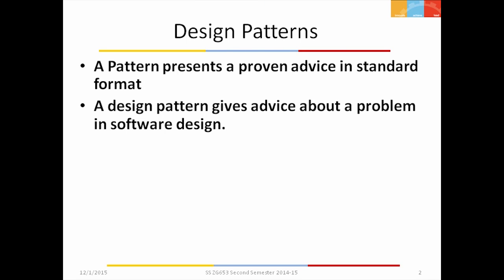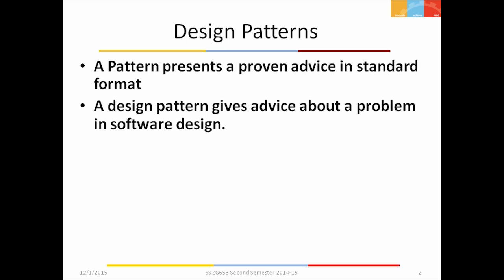So there is a difference between the architecture and the design. Architecture is at a high level where we deal with the components, their interactions, and how they're deployed. And architecture becomes a basis for the software design.